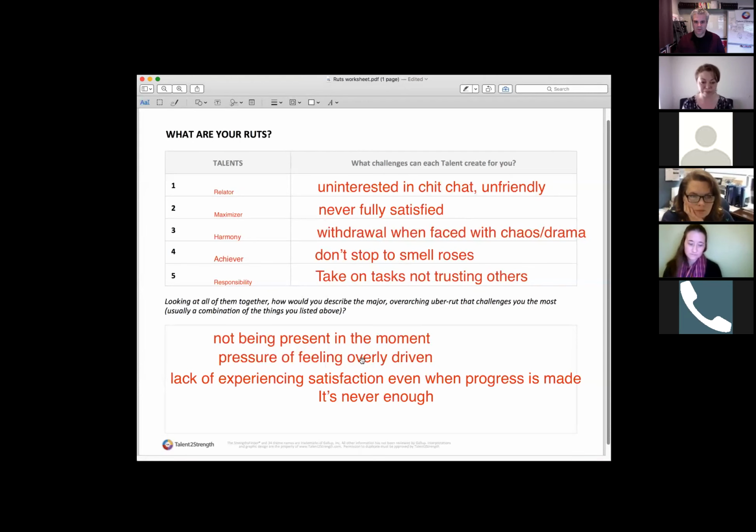Yep. I also want to add one too about maybe others not feeling that I'm approachable. Even if that's not true, your themes might communicate that.